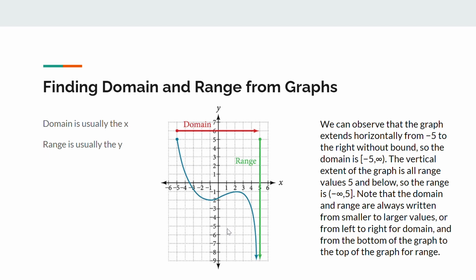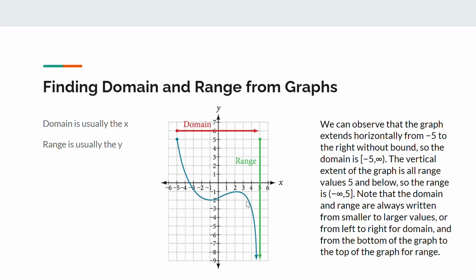The second topic is finding domain and range from graphs. Note that the domain is usually the x, the horizontal one, and the range is usually the y, the vertical one. Take a look at the graph here. We have a function in blue that starts, in terms of x, from -5 and keeps on going to positive infinity.